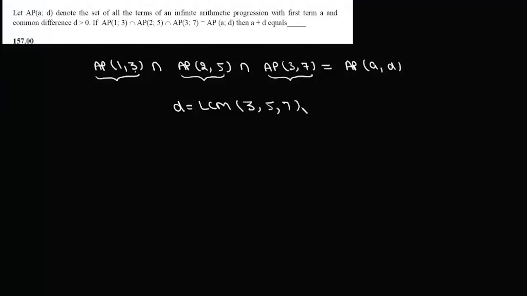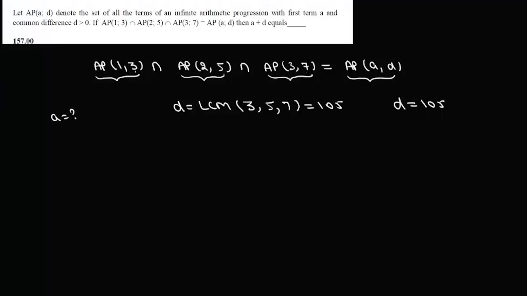Now we know that the LCM of 3, 5 and 7 is 105. So the common difference of this AP of common terms will be 105. Now we need to find A, which is the first common term.